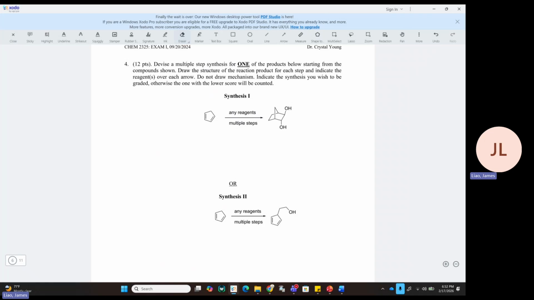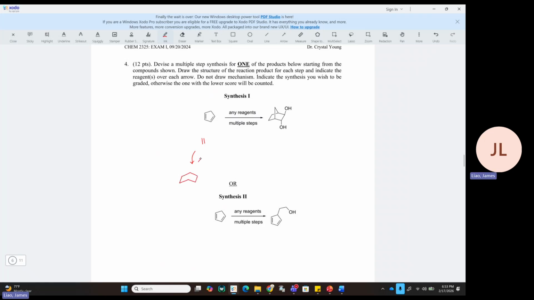What stands out in my head is to use some kind of dienophile, which is basically just an ethene. This would be able to do a Diels-Alder reaction, so it's going to form this bicyclic compound.